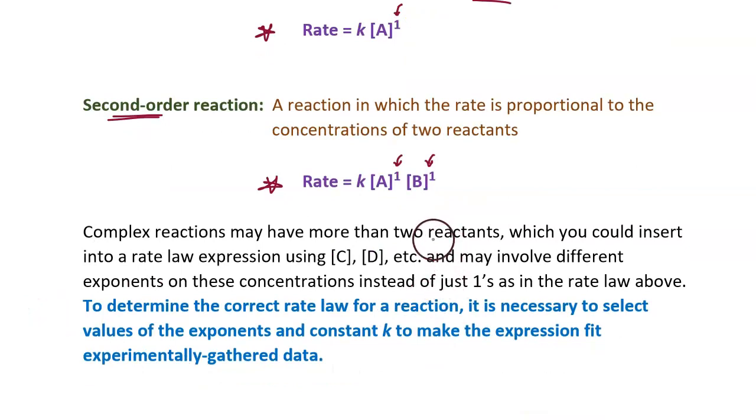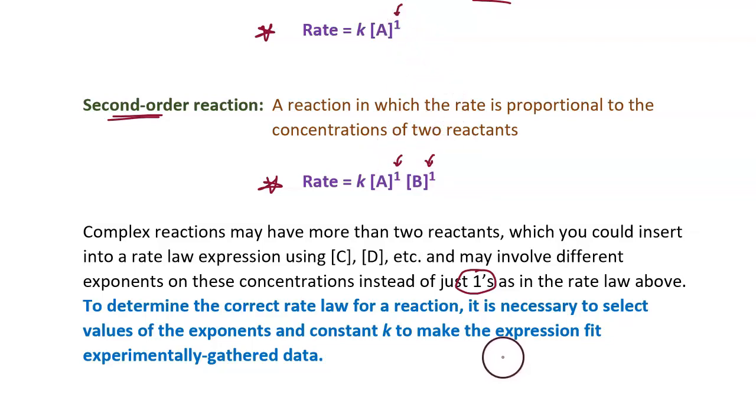Complex reactions might have more than 2 reactants, which you could insert into a rate law expression using a C or a D or any additional letters that you need to represent each of the reactants. Rate laws can also use exponents other than 1. The rate laws that are on the screen right now in purple only go to the first power.